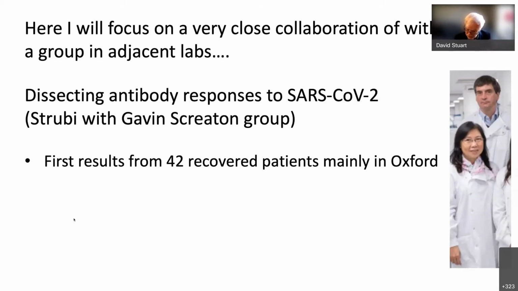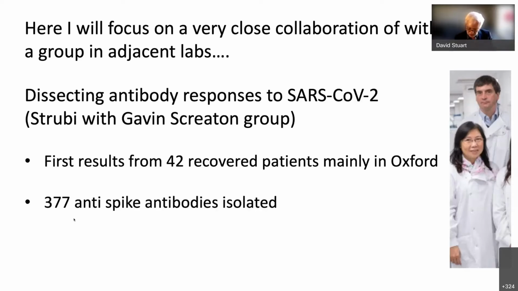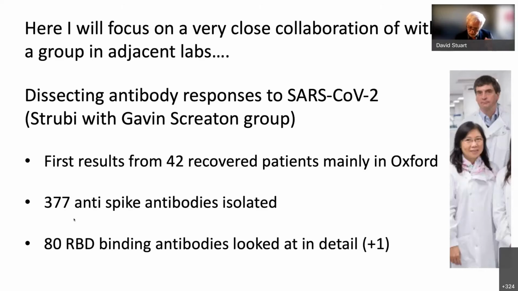isolate antibodies from 42 recovered patients, mainly in the Oxford area. From that, Gavin's lab were able to isolate 377 anti-spike antibodies. From those, 80 antibodies have been looked at in considerable detail.